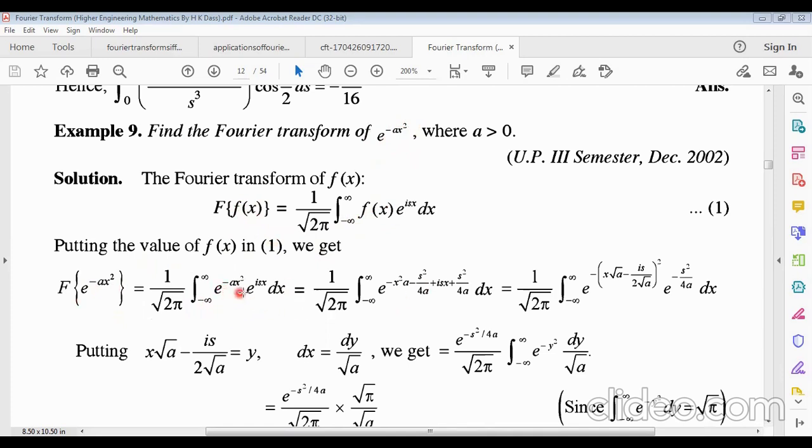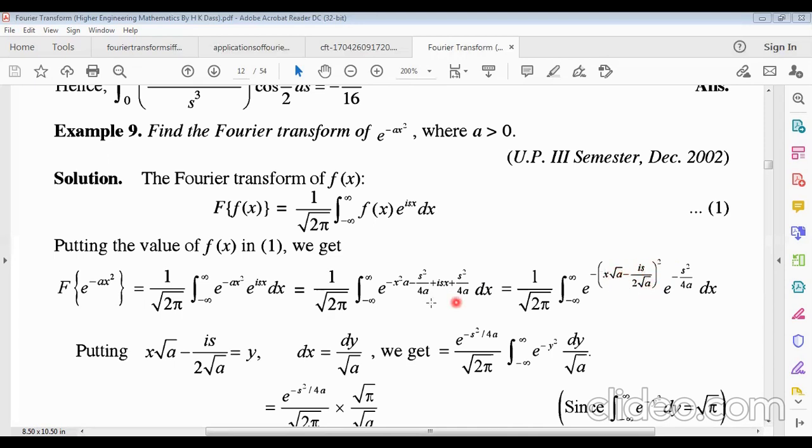Now e to the power, this same base. This is why we can write e to the power minus a times x square plus isx, plus s square by 4a, s square by 4a extra. Okay, I have written here just to make a formula like this: e to the power minus x root a minus is by 2 root a whole square, to make a minus b whole square formula.